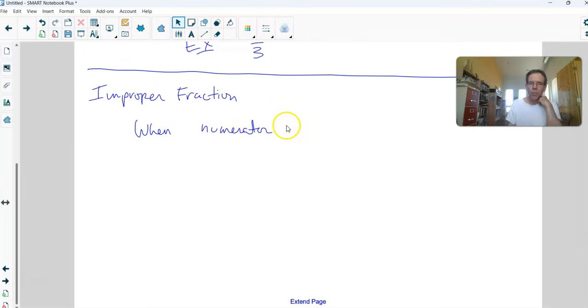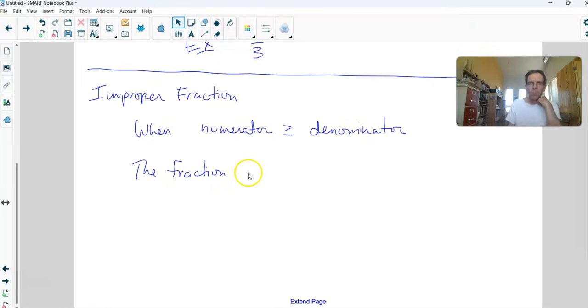Then it would be the numerator is greater than or equal to the denominator. They call this an improper fraction. And it means that the fraction has a value that's bigger than 1 or equal to 1. If they're equal, we already found that it equals 1, right?